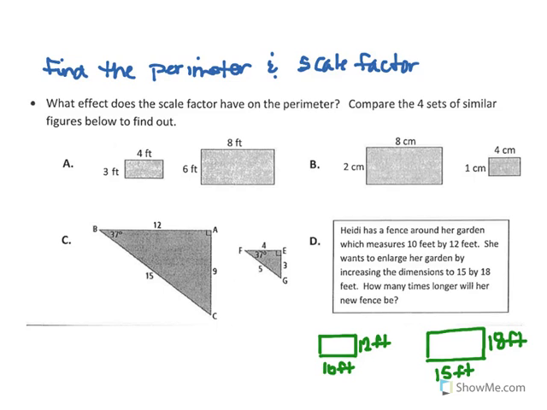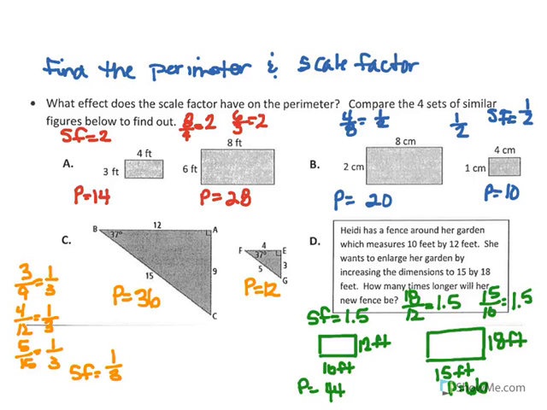So now, pause the video, find the perimeter and the scale factor for each of these. So each figure should have its own perimeter, but there will be one scale factor for A, B, C, and D. So each one will have their own scale factor. Pause the video now.